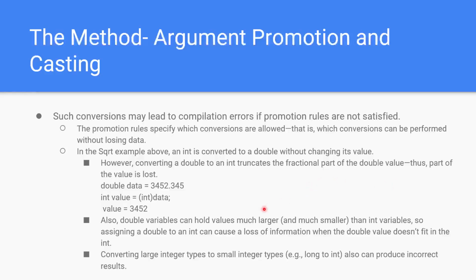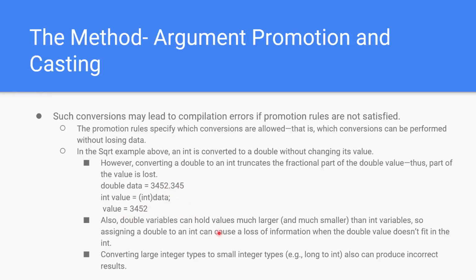Thus, it results in some data loss. So if we have double data equal to 3,452.345, when we do the integer conversion, it simply truncates off the fractional part. So we did lose data.